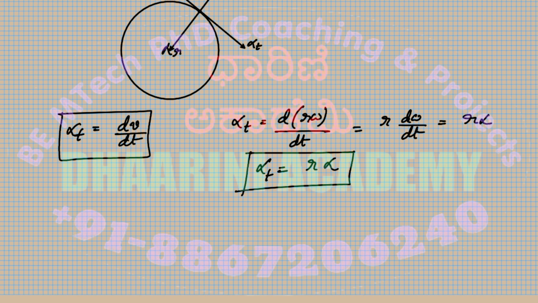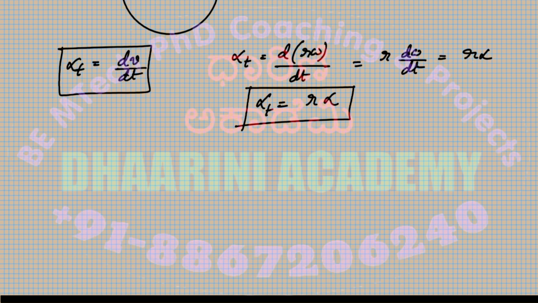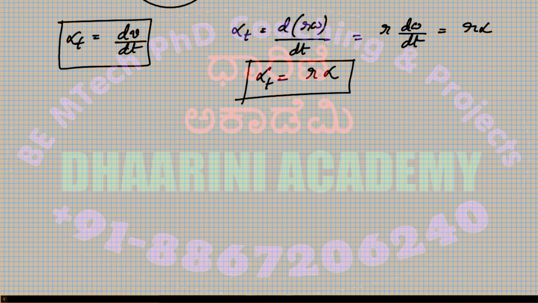We can also understand one more very important point: the component of the linear acceleration in the radial direction, towards the center, is called the radial component, or it's also called the centripetal acceleration. Let me write one point here.